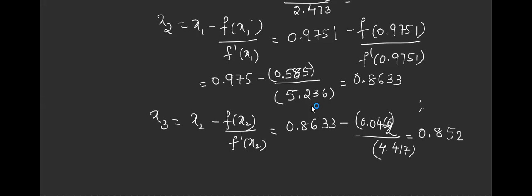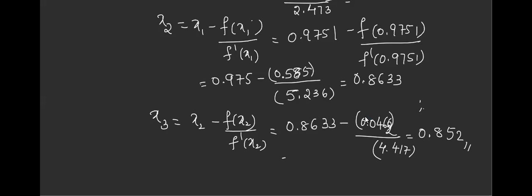Some are getting 0.7, please check. All of you take this calculation: minus 0.0462 divided by 4.417 plus 0.8633.